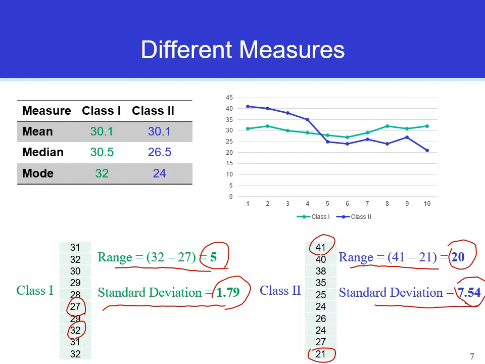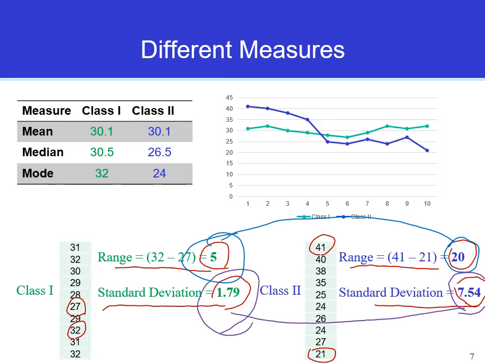So now if you compare these two new measures of variability that we computed for these two classes, it actually gives us more information, because 20, the range for the second class, is much larger than 5, the range for the first class, and also 7.54, the standard deviation for the second class, is much larger than 1.79, the standard deviation for the first class.